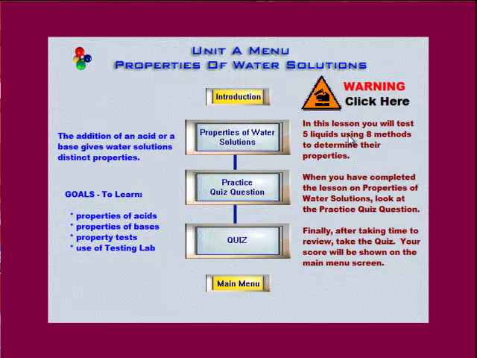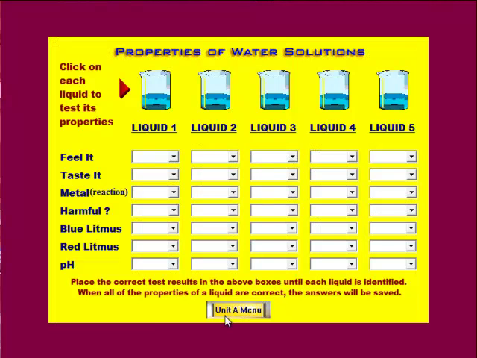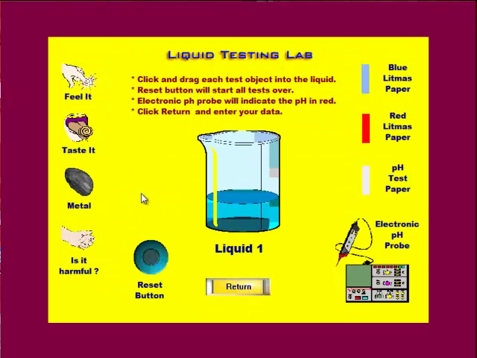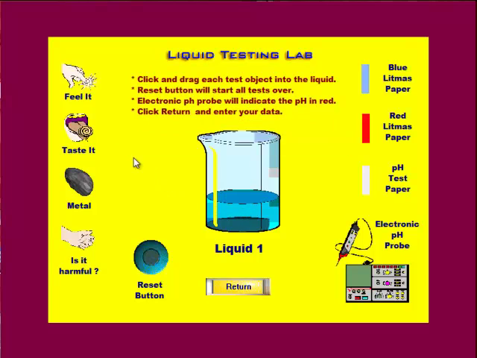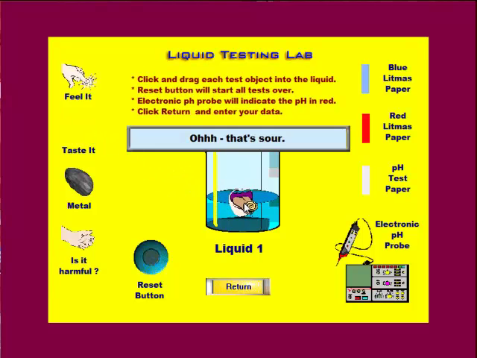Let's look at Unit A, properties of water solutions. And here students are going to have to figure out for each of the 5 liquids what are these various properties. So they'll click on the liquid and then they go to the liquid testing lab where they get to try a lot of different physical tests.